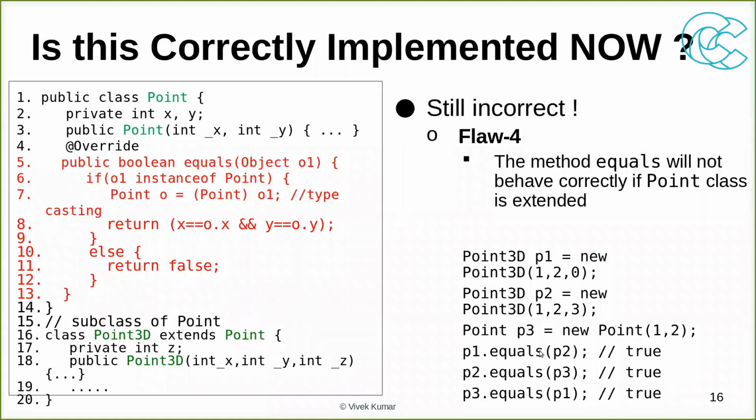So p1 is of type Point3D, p2 is of type Point3D, and in both cases the x and y coordinates are the same, which is 1 and 2. So this will return true, although the z values are different. So that's the issue here. And p2.equals(p3) also returns true because you have the same x and y values, and it's the same case with p3 and p1. So this is an issue here.